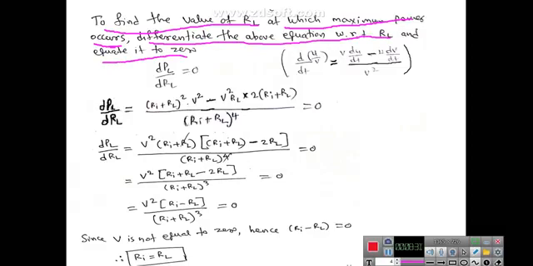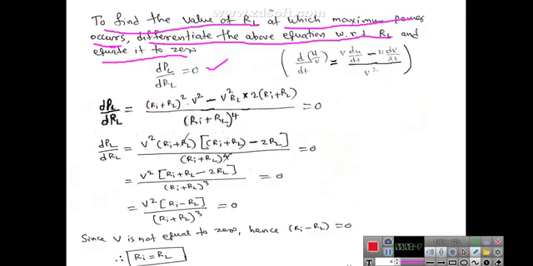That means dPL by dRL is equal to 0. You make use of the u by v formula for differentiation.